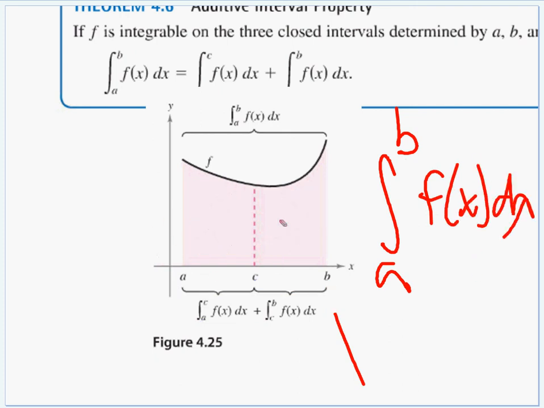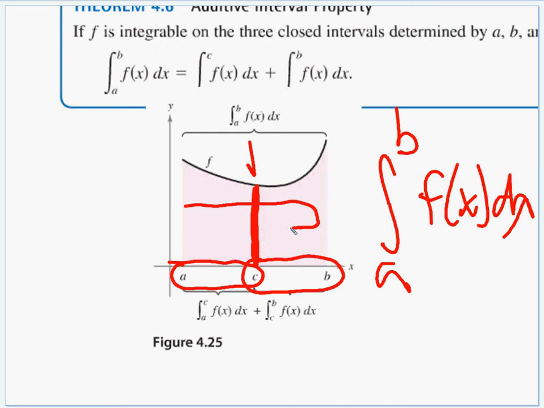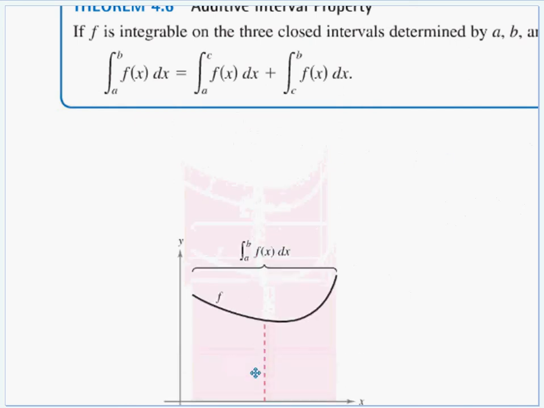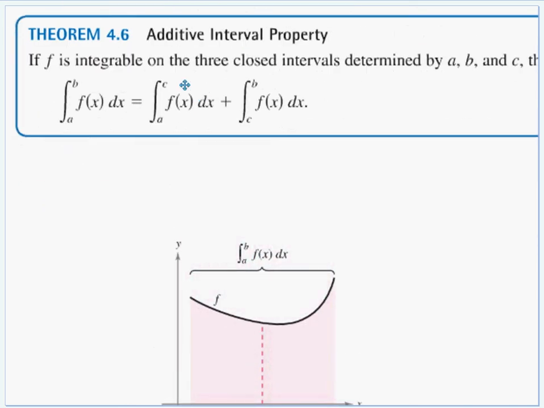Because remember, what we're dealing with here are lines which are infinitely thin. So this line C is infinitely thin. It has no area. So we can add from A to C together with C to B and get one big area all the way from A all the way to B. It kind of just makes sense. Who says calculus is tricky?